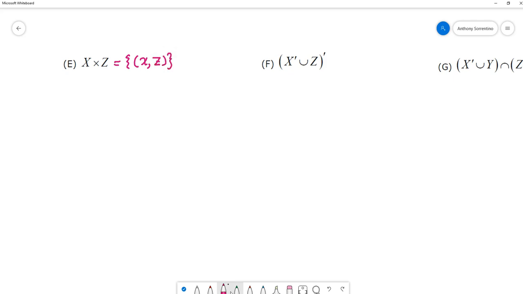That's what the multiplication indicates with this. It's a cross multiplication, which means this would be quite an extensive list for X and Z, because I'd have to go to each number in X and pair it with a member of Z.